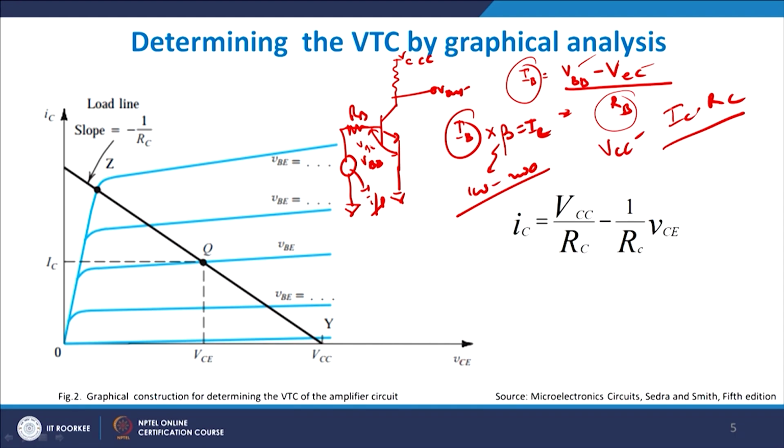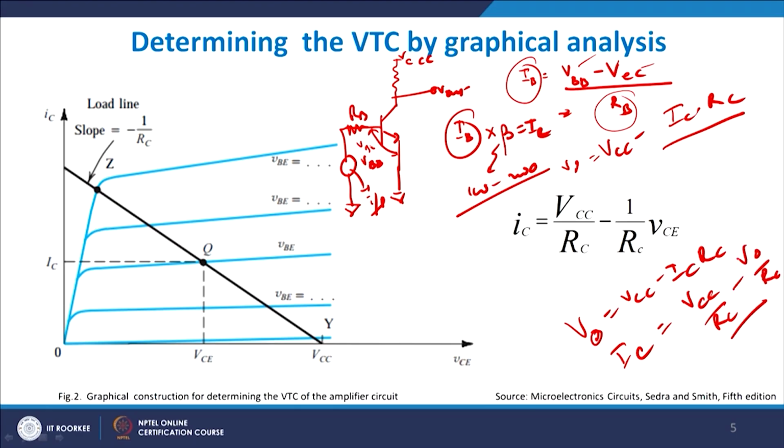Output is VCC minus ICRC, equal to V out. So, I get V out equals VCC minus ICRC, and therefore I get IC equals VCC by RC minus V0 by RC.